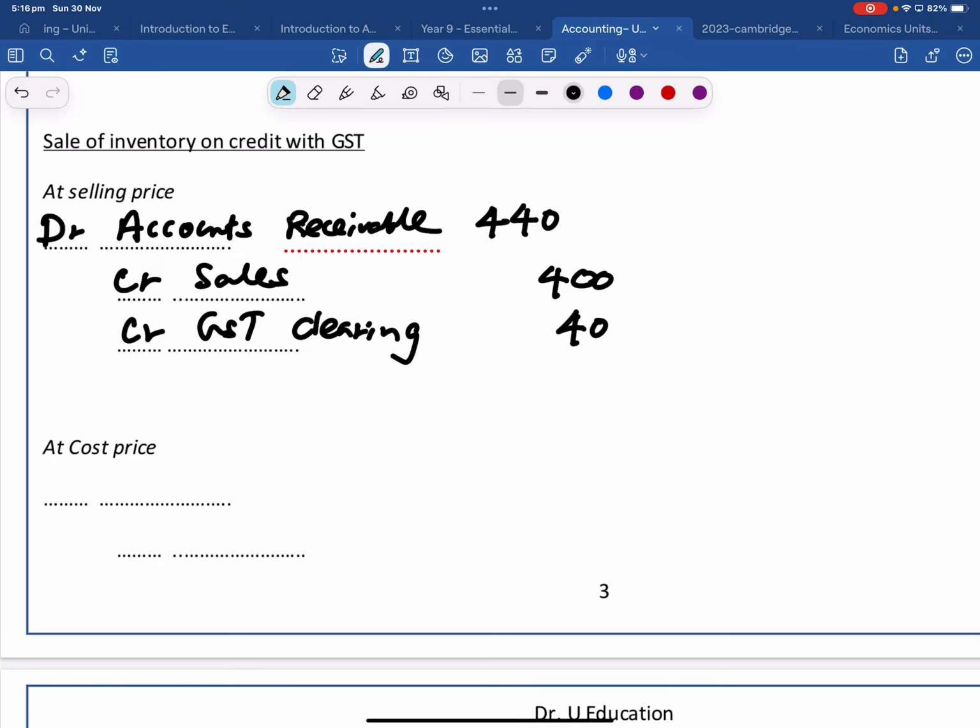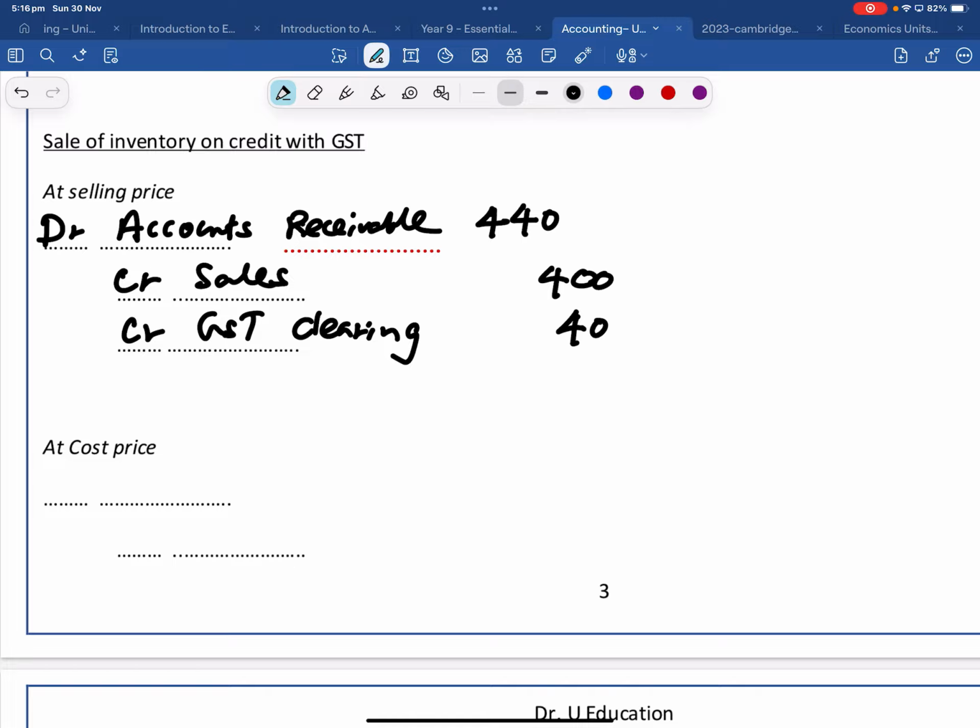So why do we separate it at selling price and cost price? Actually, if you look at the textbook, it doesn't say like this, but I have separated it because you guys get confused. Sometimes later what happens is at the selling price, some people record in the inventory account. That's wrong.